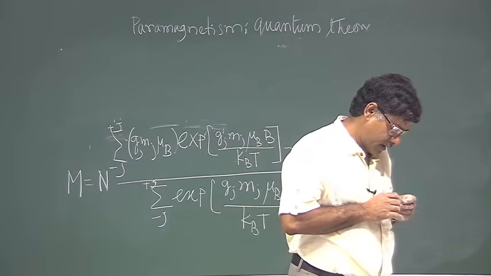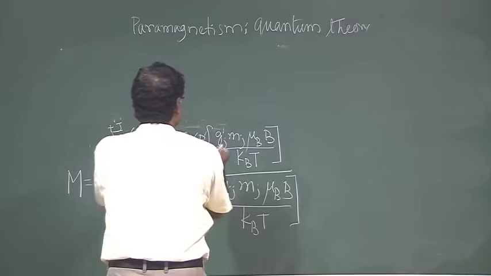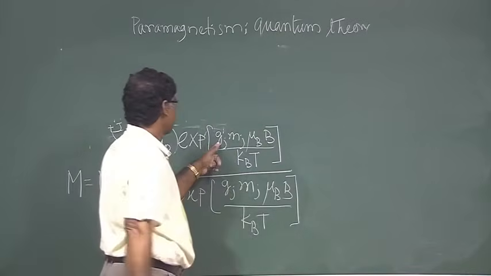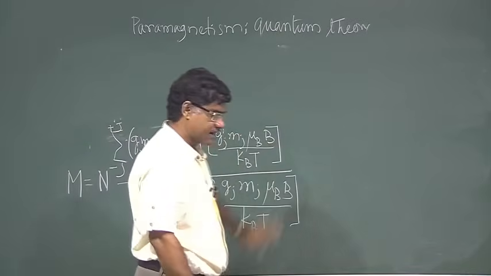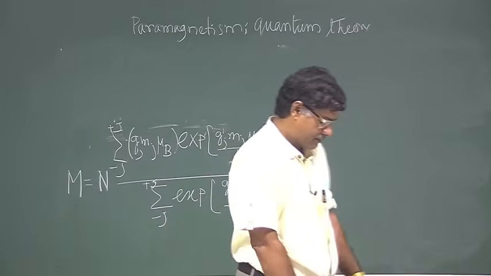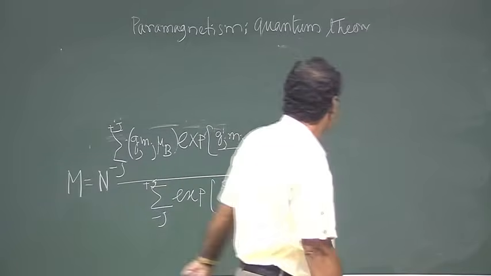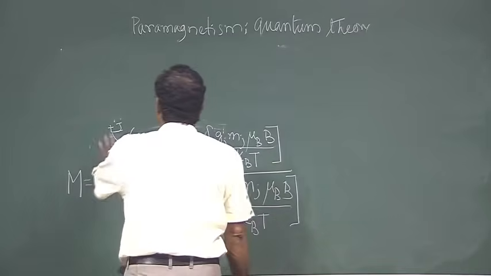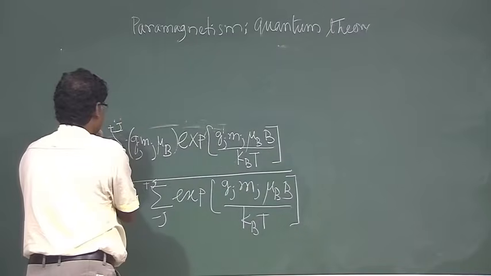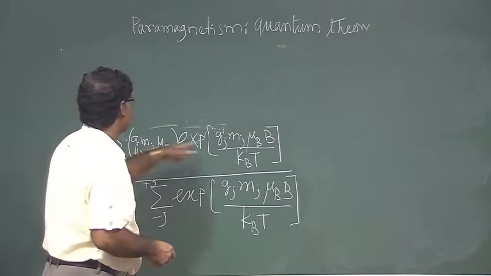So, let us take this term except mj equal to x, because this summation is over the mj.